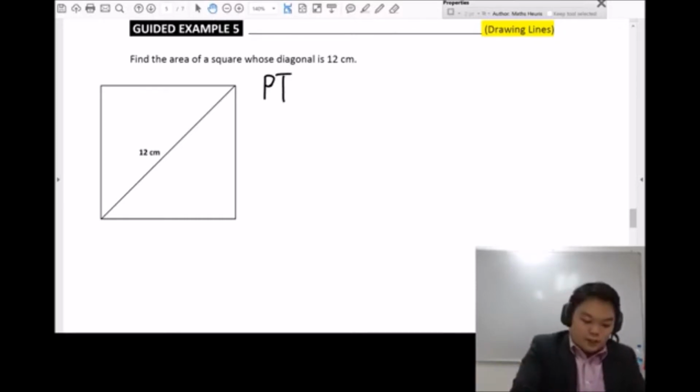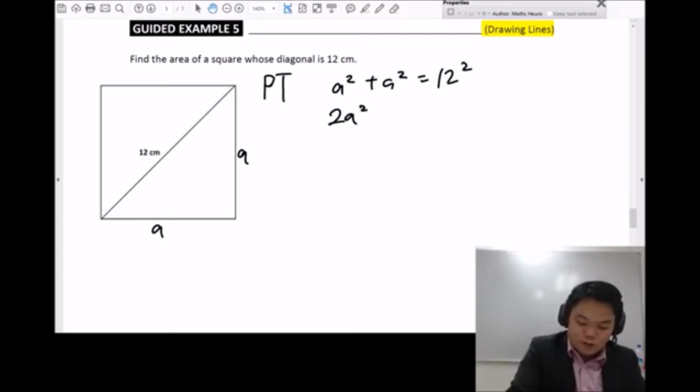Then you'll say that this one, let this be A, let this be A also. So A squared plus A squared is equal to 12 squared. And then you say that you try to find 2A squared equals to 12 squared. A squared is equal to 144 divided by 2, which is 72.